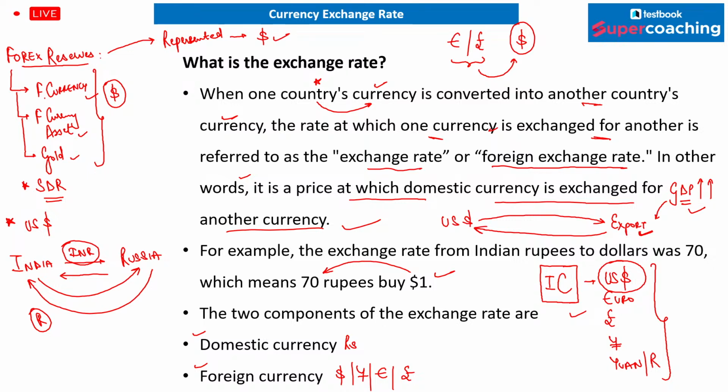That is the reason the dependency on US exports is high, because of which it results in our increase in dependency on US dollars. That is the reason we majorly talk about US dollar in our day-to-day transactions.